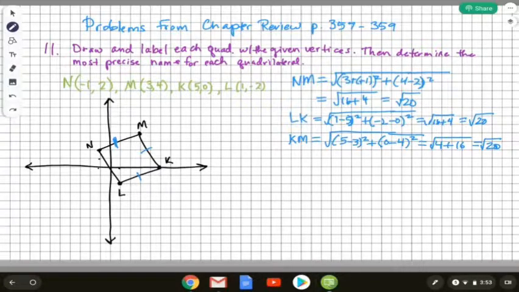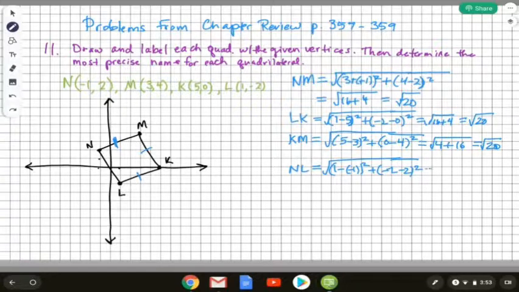Okay, and then the last side that we haven't checked is NL. That's going to be 1 minus a negative 1 squared plus negative 2 minus 2 squared.